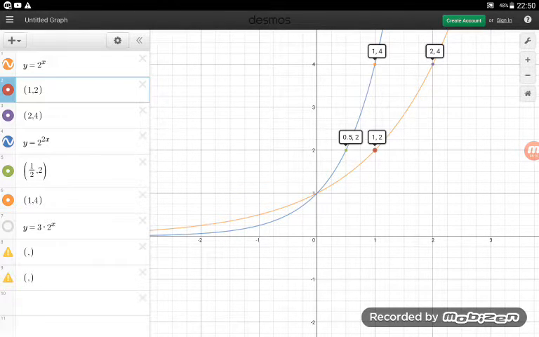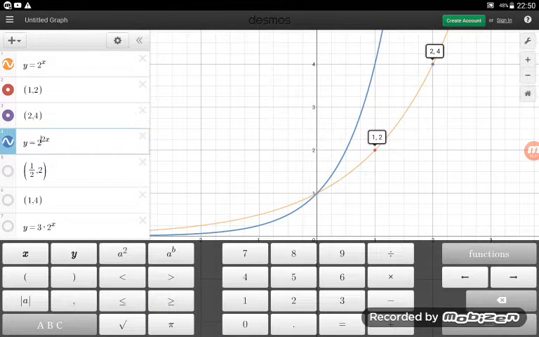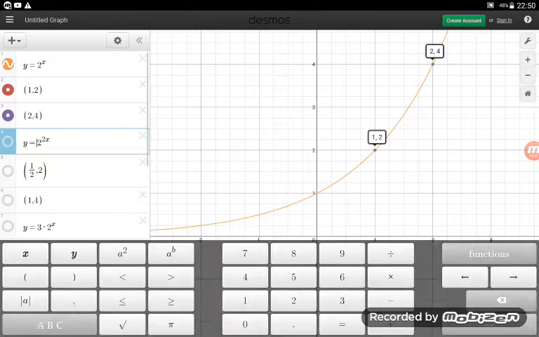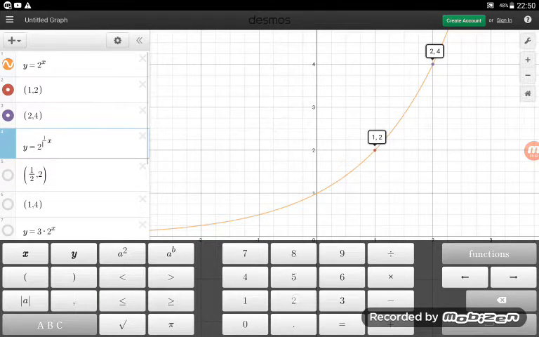Cool. Now let's say I want a horizontal stretch. Multiplying the x by 2 gave me a horizontal compression. If I want a horizontal stretch, what should I multiply the x with? I hope your answer is something like a fraction, maybe. So 2 to the power of half x. Hopefully that will give us a horizontal stretch.